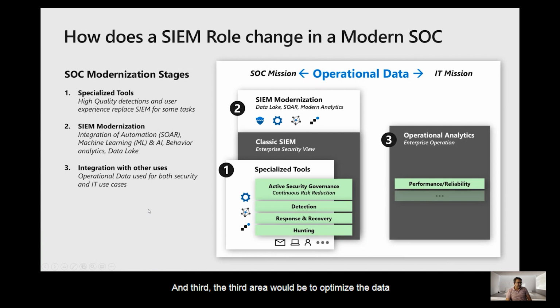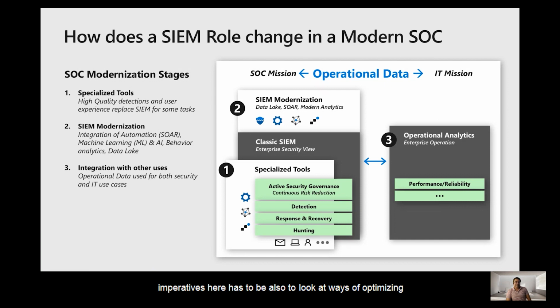And the third area would be to optimize the data operations, which are often addressed by the SIEM. Oftentimes, the need for data aggregation is required by both IT and security, and the data gets replicated if it's not optimized.